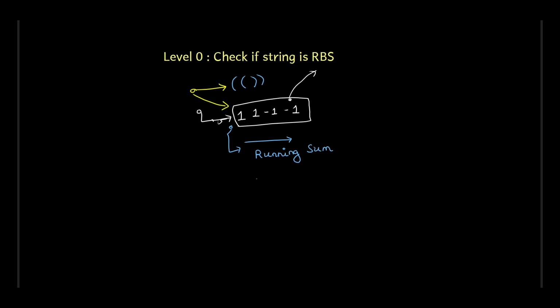And you see that if your running sum becomes less than 0 at any given point of time, you exit the loop early and you say that the answer is no. That is one criteria. And the other criteria is that at the end, your running sum should be equal to 0.